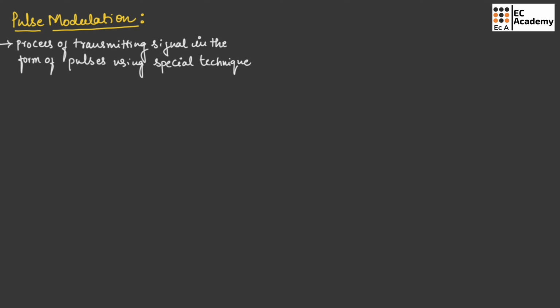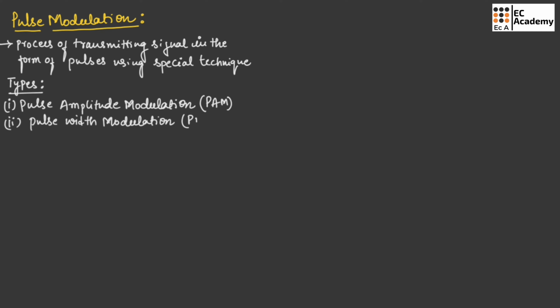There are different types of pulse modulation. First one is pulse amplitude modulation, which is generally known as PAM. Second one is pulse width modulation, which is generally known as PWM. Third one is pulse position modulation, which is generally known as PPM.